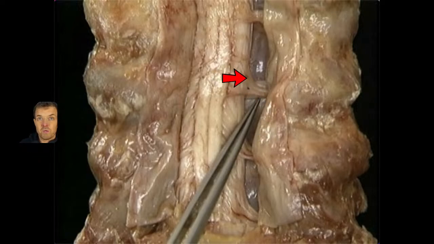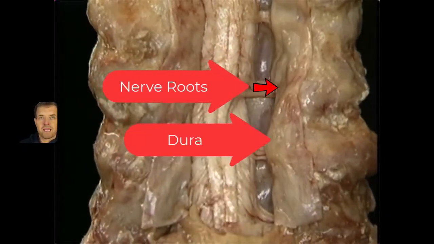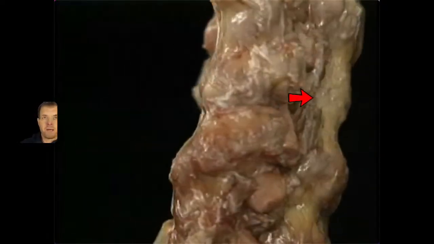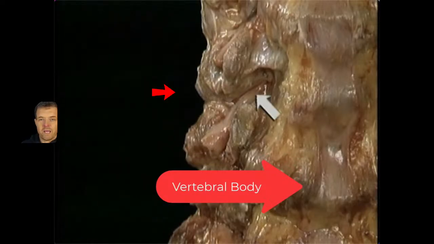These are the little rootlets coming off the spinal cord, and then they come together to form the nerve root. And you can see here's the dura on the outside that wraps around the whole of the spinal cord. Then as it emerges through that gap just there, it will come out here, and this is the area where things get irritated.